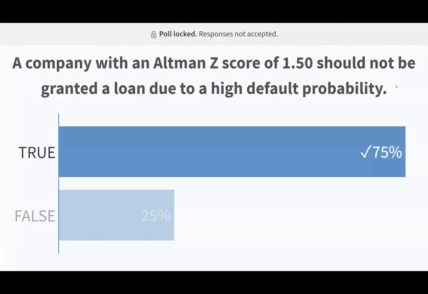The score should be over 299. Why do you forget, guys? Less than 181, you don't accept. Between 181 and 299, you review. Over 299, you accept. So in this case, this loan should not be accepted because it's less than 181.